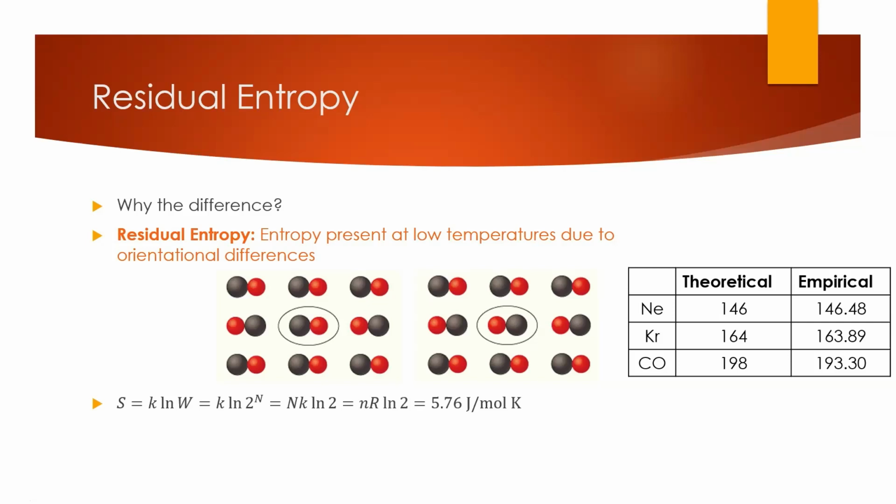And that is about enough to account for the difference between the theoretical and the experimentally measured entropies. Now, these aren't quite the same, and I would imagine that's because there is some partial selectivity here. So this is not exactly what the entropy would be, because there is some slight orientational preference, but not enough to get an actual pure crystalline solid.